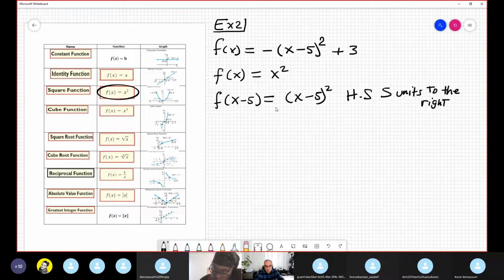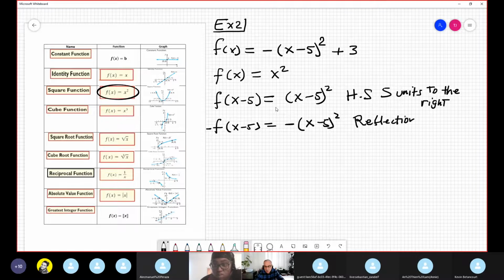Okay. The second transformation is putting a minus outside. That actually is minus x minus 5 squared. It's a reflection, a reflection about the x-axis. Because we have two kinds of reflection.